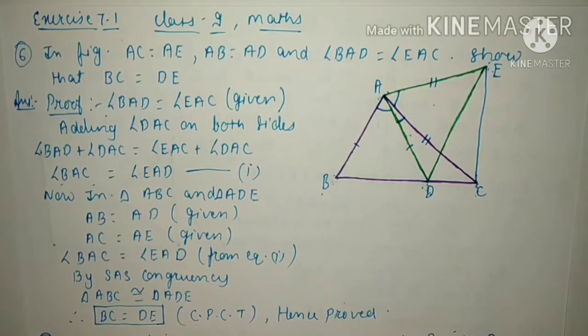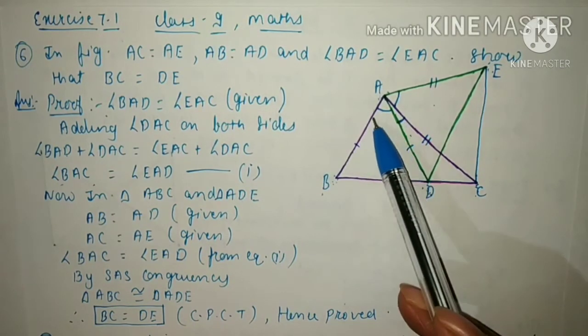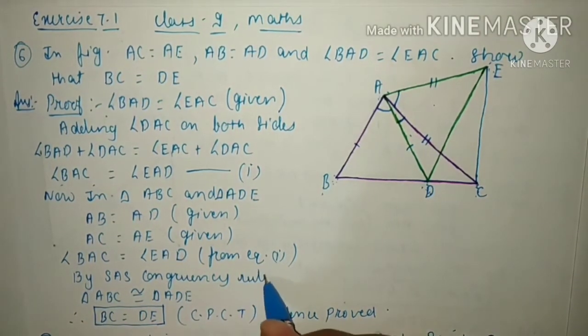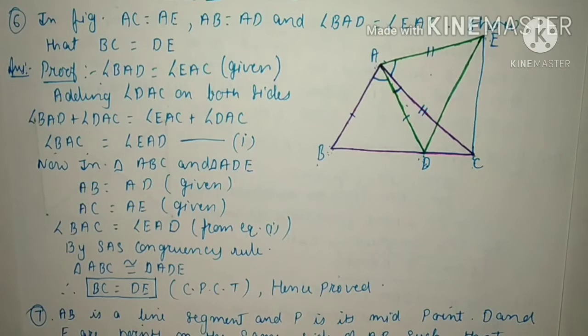What we have proved equal? This side, this angle and this side. So we can write by SAS congruency, both the triangles are congruent. So we can write by SAS congruency rule, triangle ABC is congruent to triangle ADE.